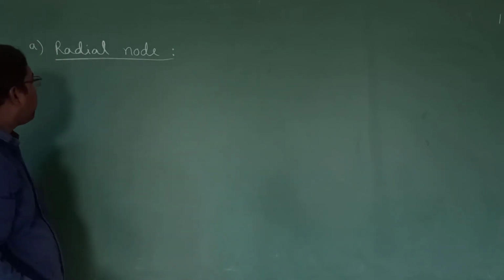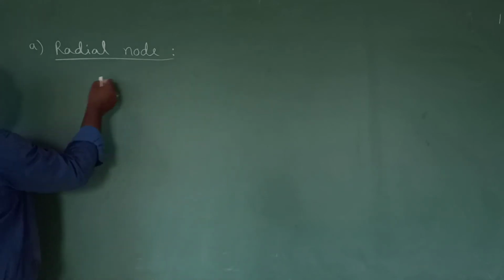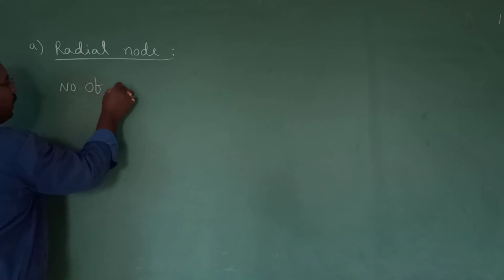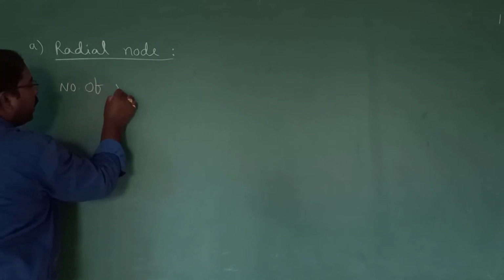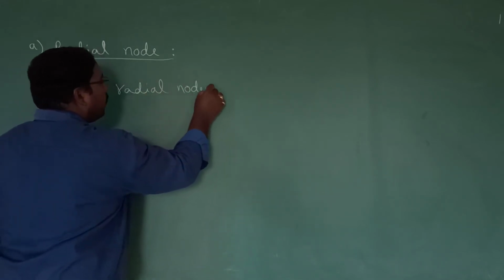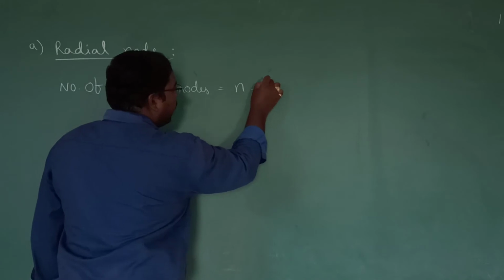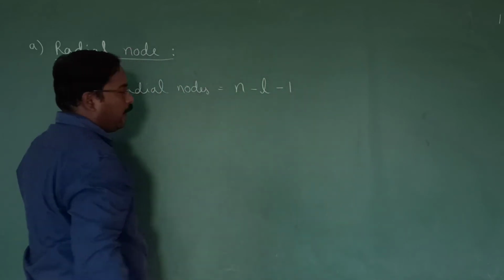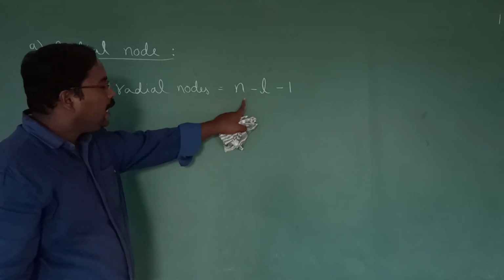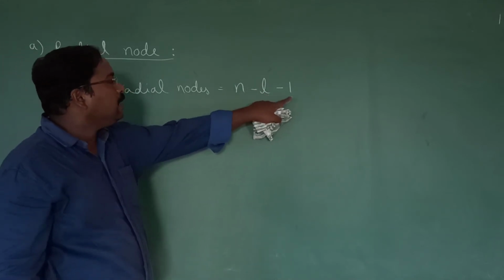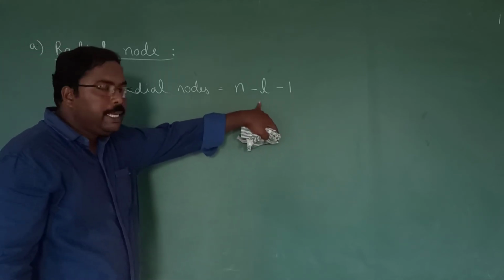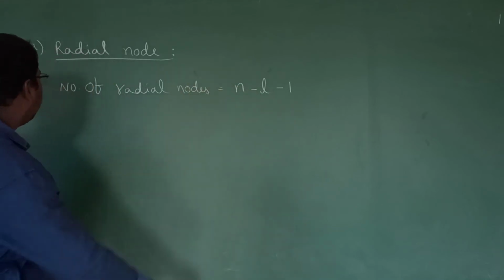To calculate the radial nodes, note down the formula. The number of radial nodes is equal to n minus l minus 1. The number of radial nodes is equal to n minus l minus 1. l means azimuthal quantum number.